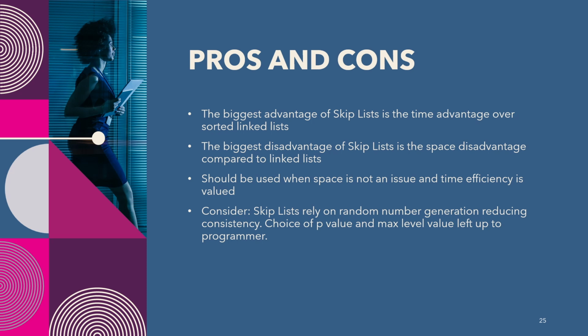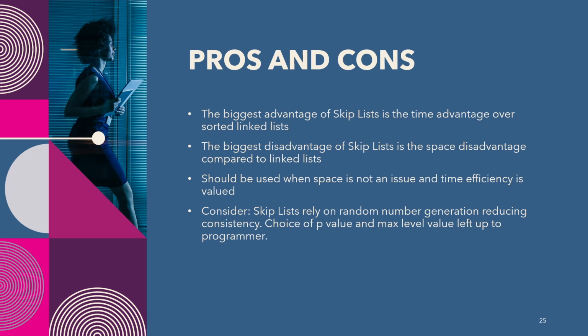The skip lists are going to be bigger than, say, a sorted linked list because it has those extra levels that it has to maintain space for. So you should be using your skip list when space is not really an issue and you're really valuing your time efficiency.